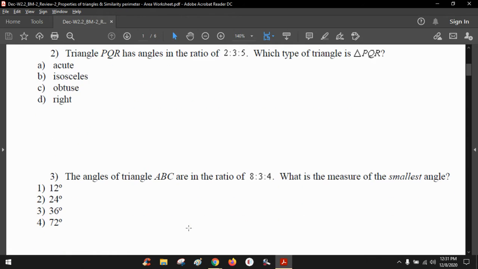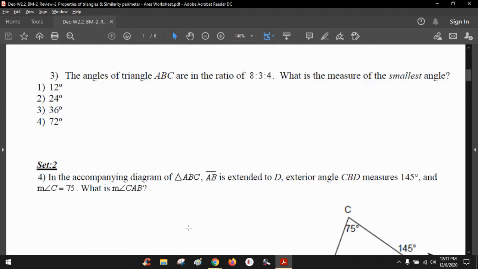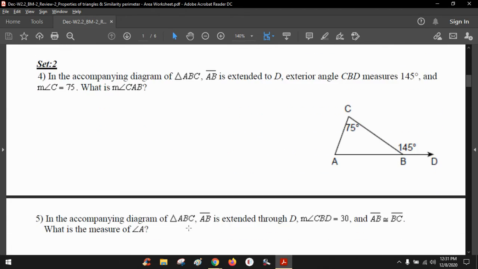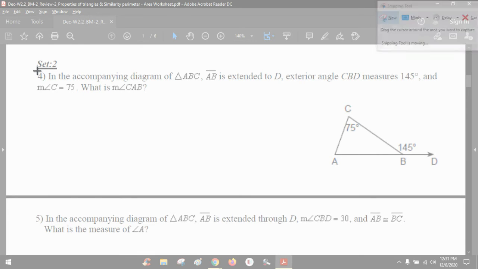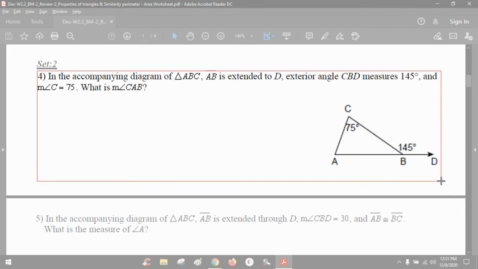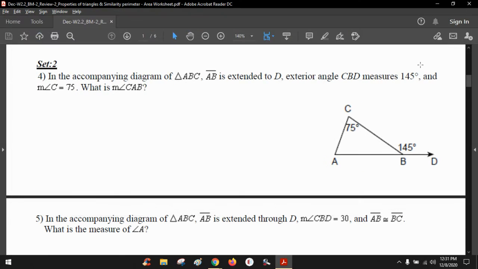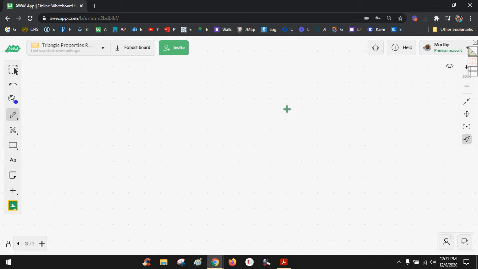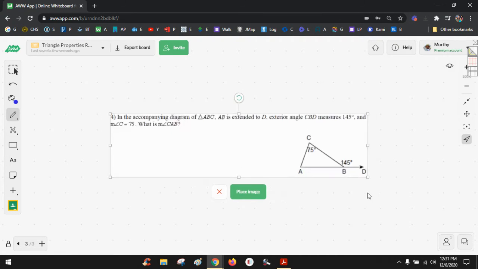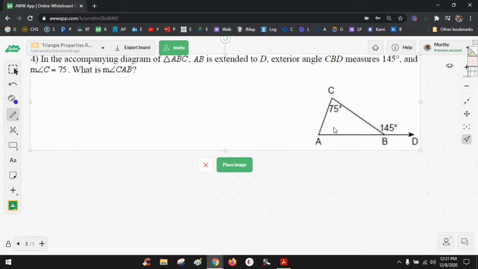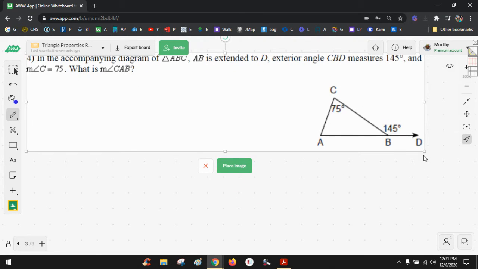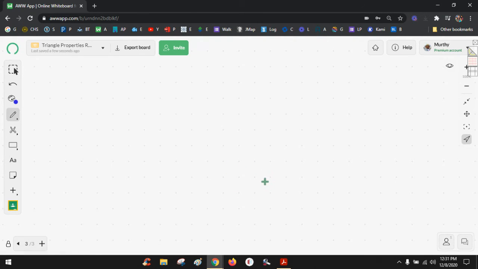My next question is similar to that. This is finding the exterior angle. So let me copy this. The rule says it's a pretty easy question here.